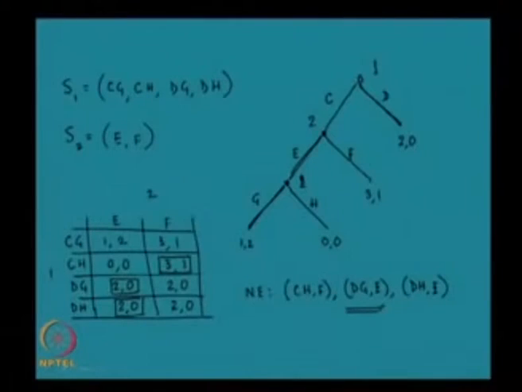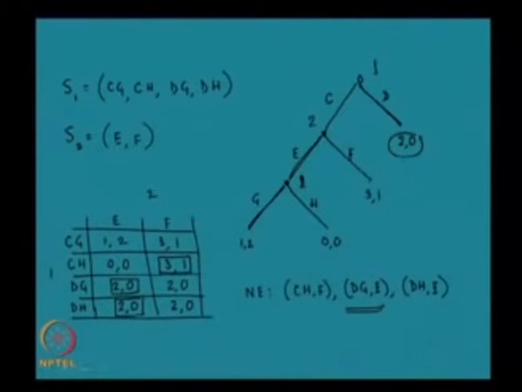He can deviate by playing F instead of playing E. But by deviating and by playing F, he is not improving his payoff, because the payoff is remaining at 2-0. So, deviation is in this case not profitable.